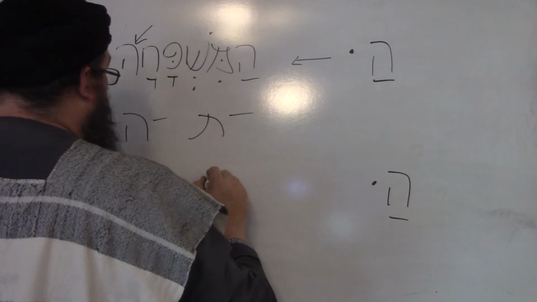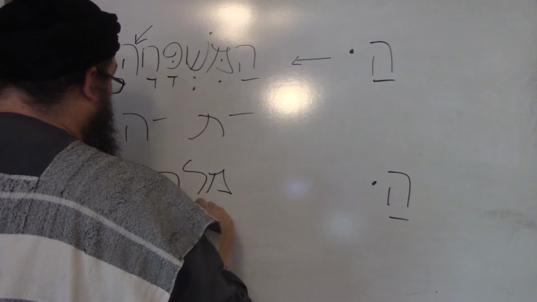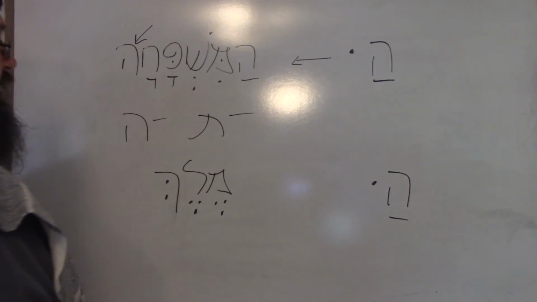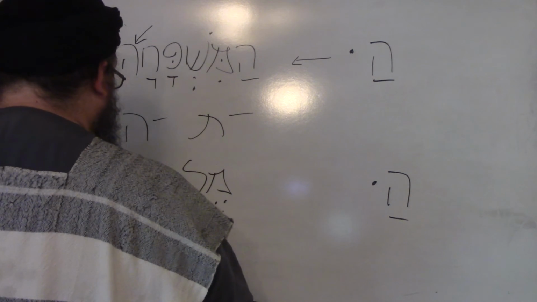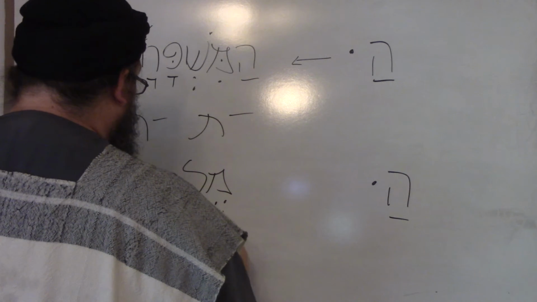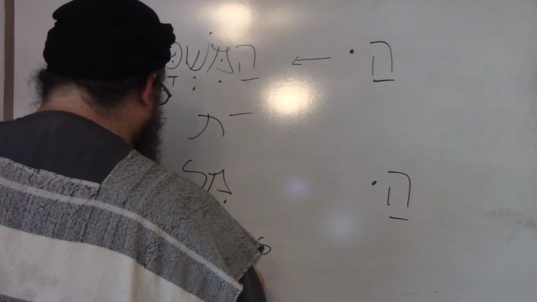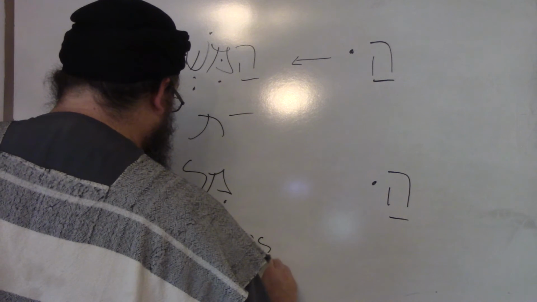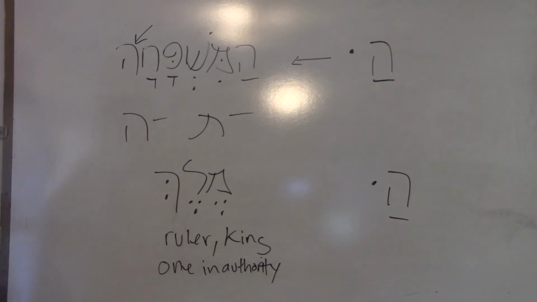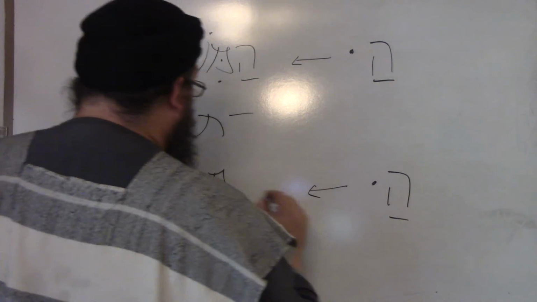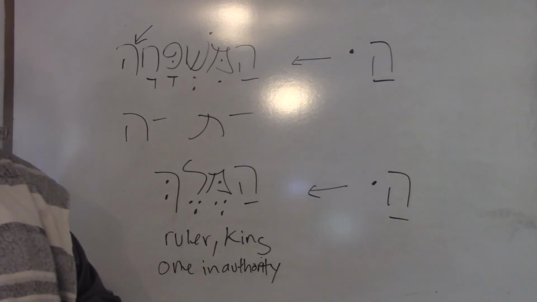Same thing as, for example, if we take the word melech. Melech is a ruler, a king, someone in authority, okay? So a ruler, king, one in authority. All right? So if we add the word ha in front of melech, we put dagesh in the middle, and now it becomes ha-melech, the king.